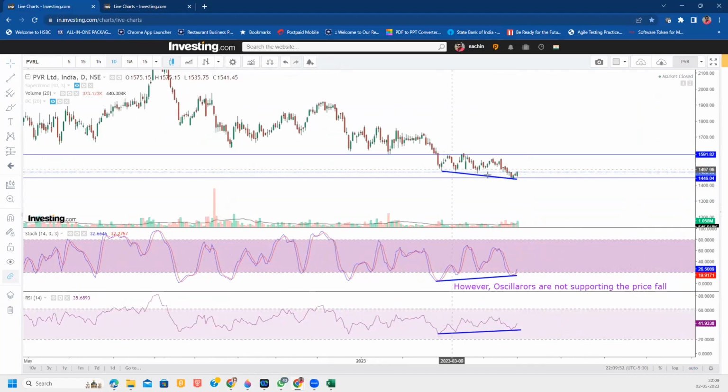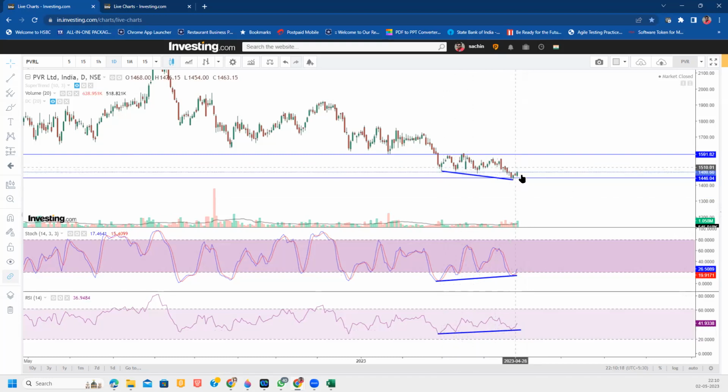Okay, so if you look at PVR cinemas in the daily time frame, by the concept of divergence, price is making a new low, but at the same time the oscillators are not supporting it. The oscillators are making a higher low, higher than the previous low. Both the stochastic and the RSI are making a higher low.